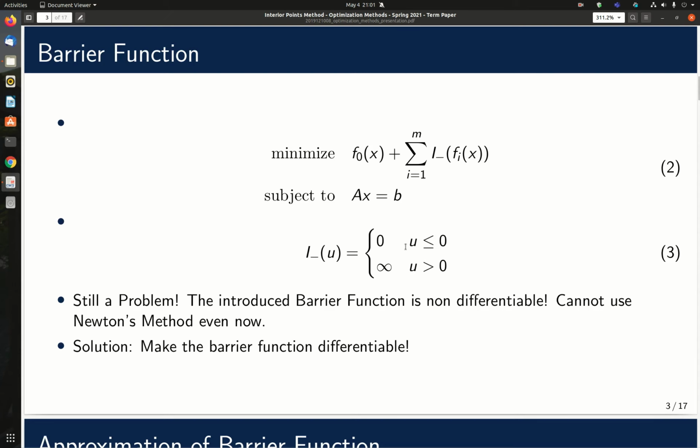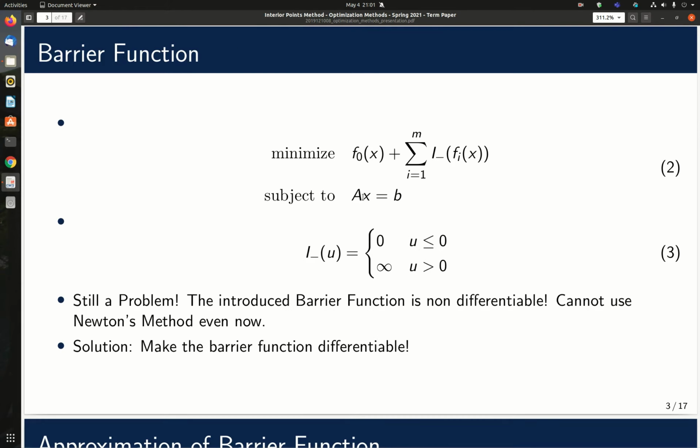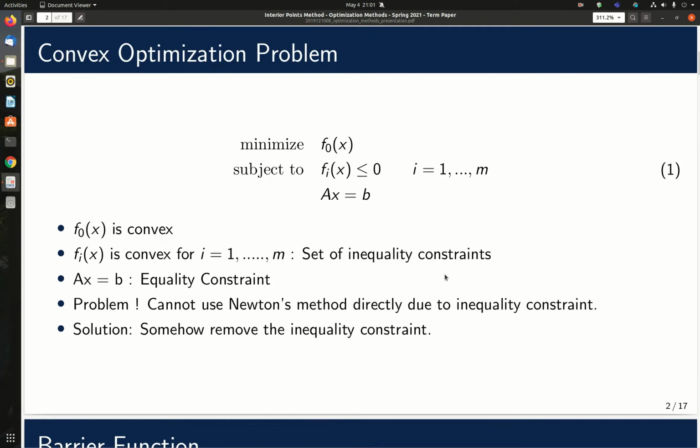and one such function is the logarithmic barrier function, where you introduce a parameter t and define the approximate barrier function as -1 by t log of minus u. It is very similar in the way it behaves: it tends to infinity when it is near 0, otherwise it does not penalize too much.